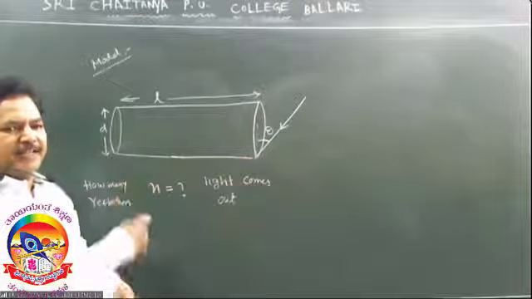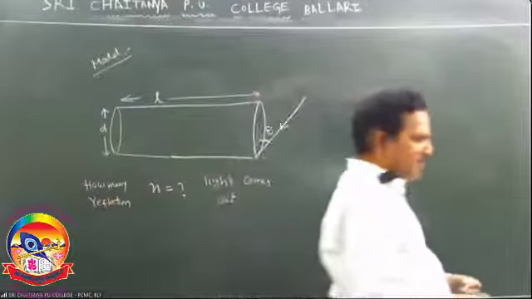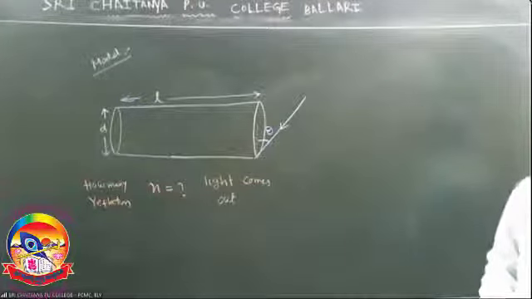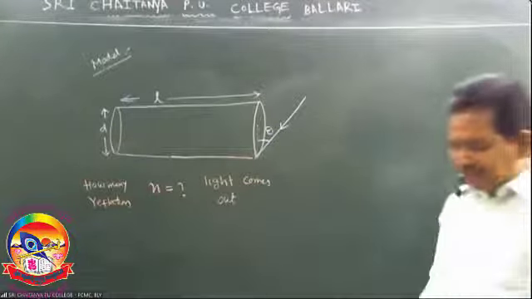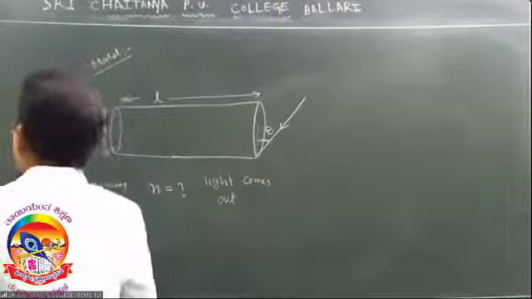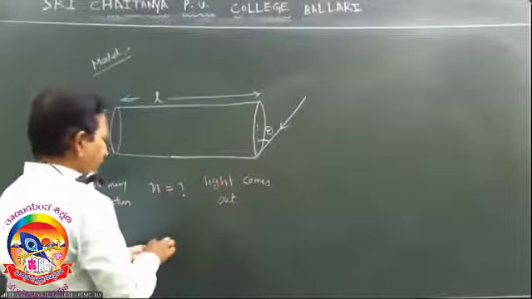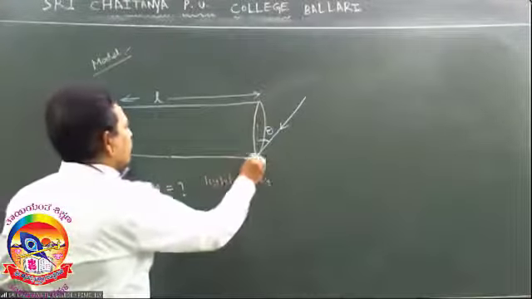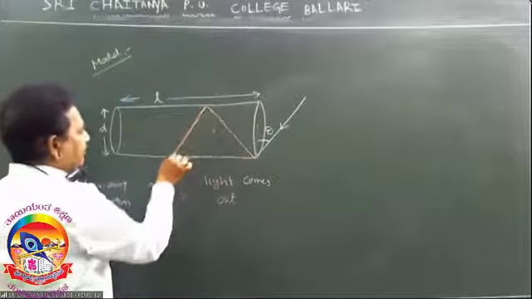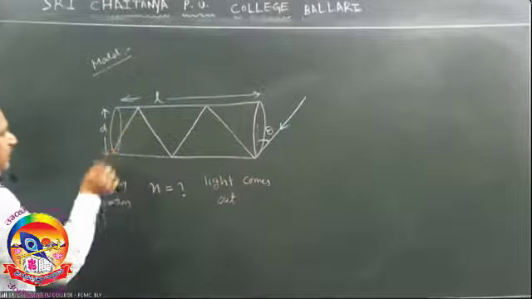Multiple reflections will take place inside the pipe and it emerges out. After how many reflections is the light ray coming out? We have to calculate. First, reflection will take place here. So it goes like this. Once again reflection. Once again reflection will take place.